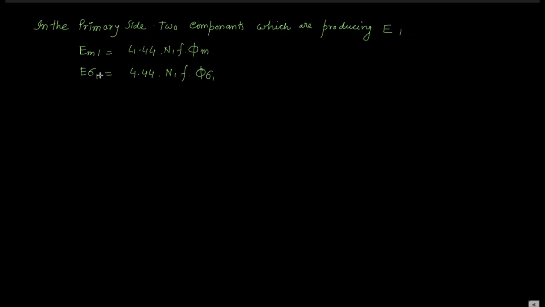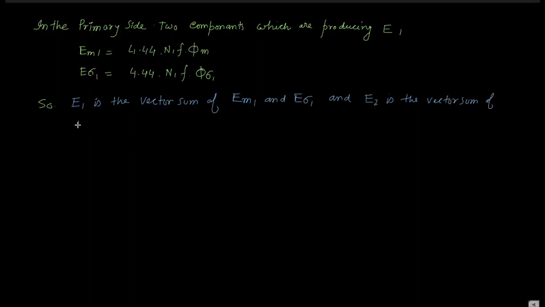No sir. So the main thing is E1 is the vector sum of EM1 and E sigma 1, and E2 is the vector sum of EM2 and E sigma 2.